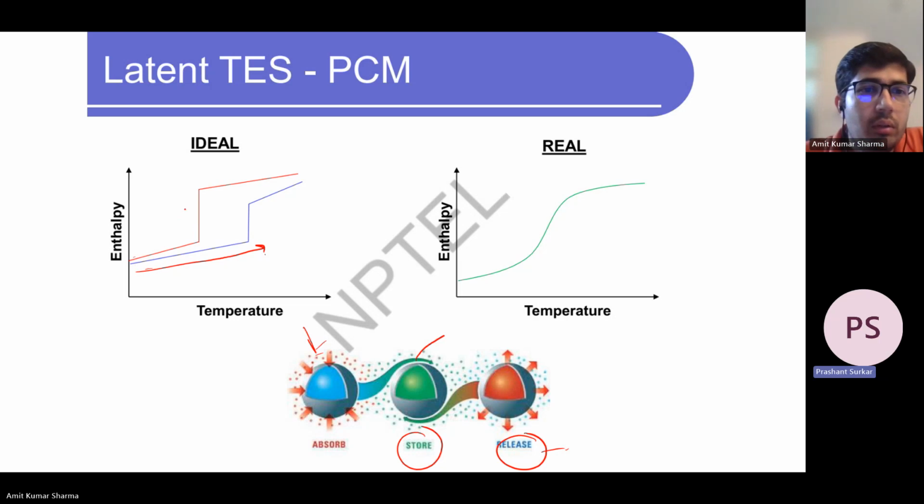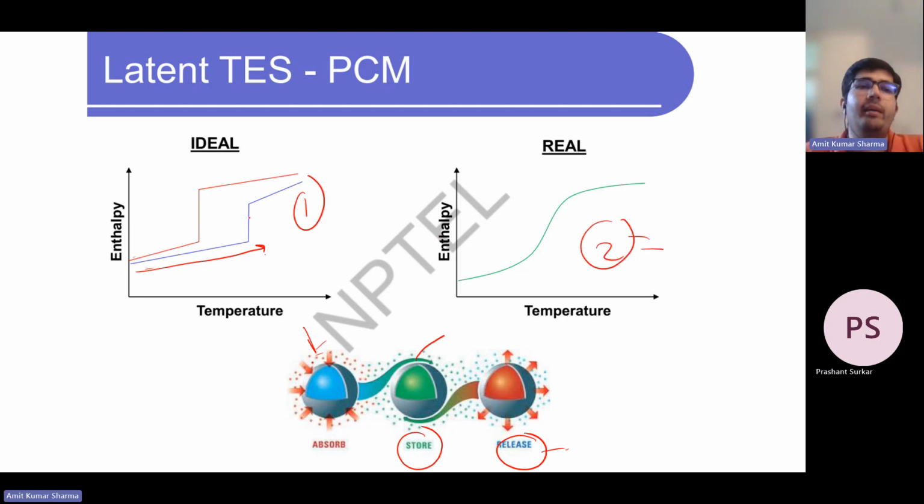Ideally, it should be like this, like there should be sharp changes in ideal condition when they are changing the phase. But in actual, it is not sharp. It's like this.